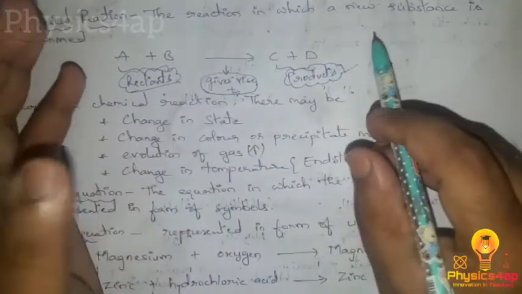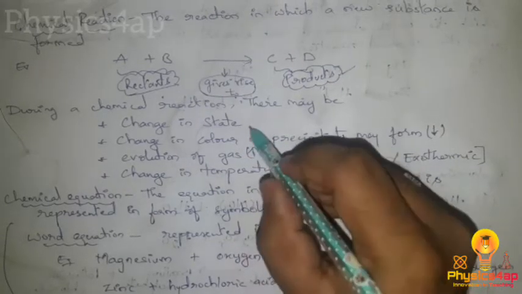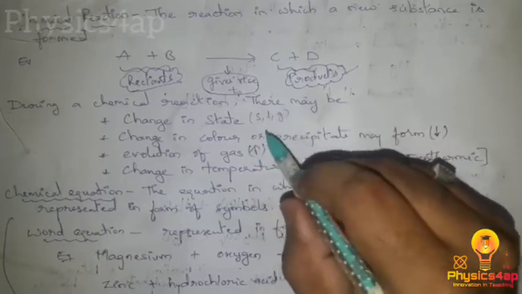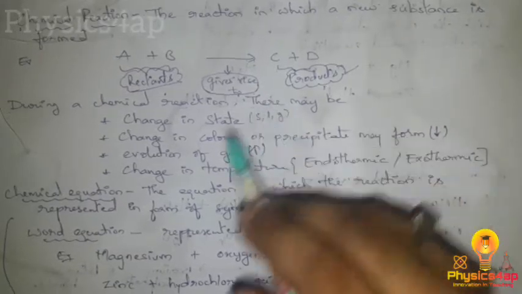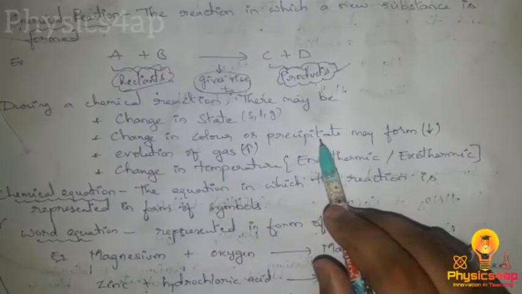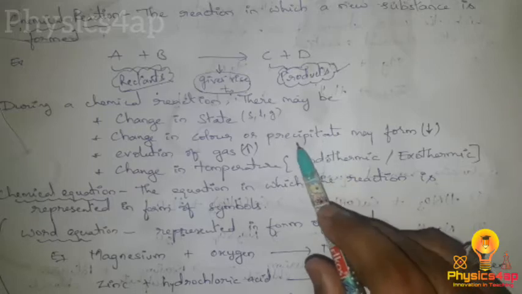During a chemical reaction there are various changes. One is a change of state, that is, solid, liquid, or gaseous. There may be a change in color, and a precipitate may form. A precipitate is an insoluble substance.